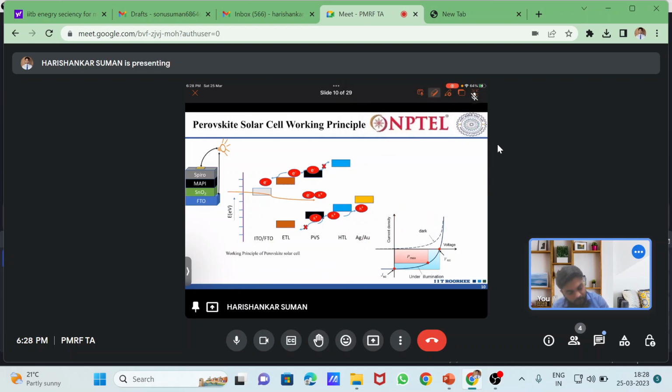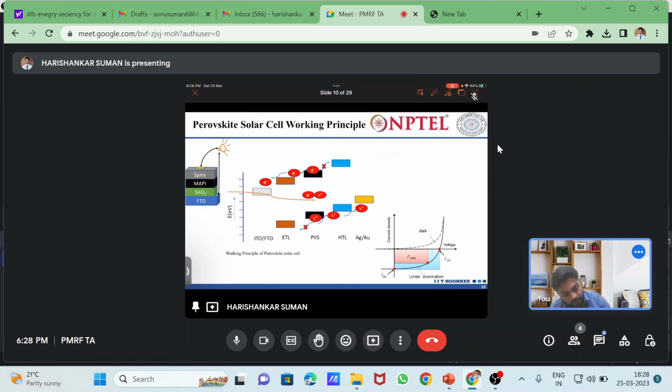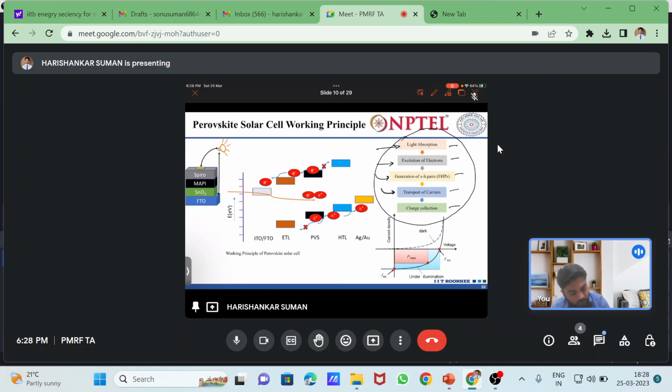Here is the IV curve, and these are the five major steps of the working principle in a solar cell: first absorption of light, then excitation of electron, generation of electron hole pair, transport of charge carrier, and collection of charge carrier.